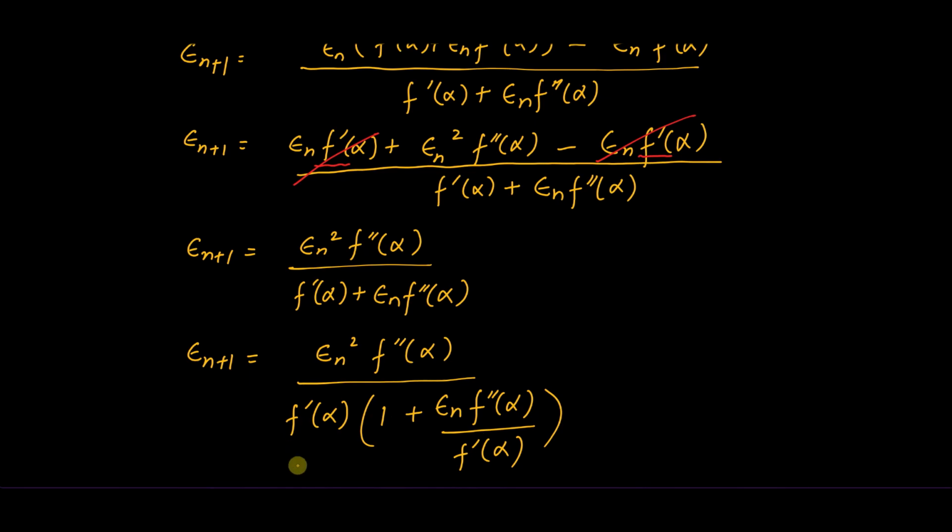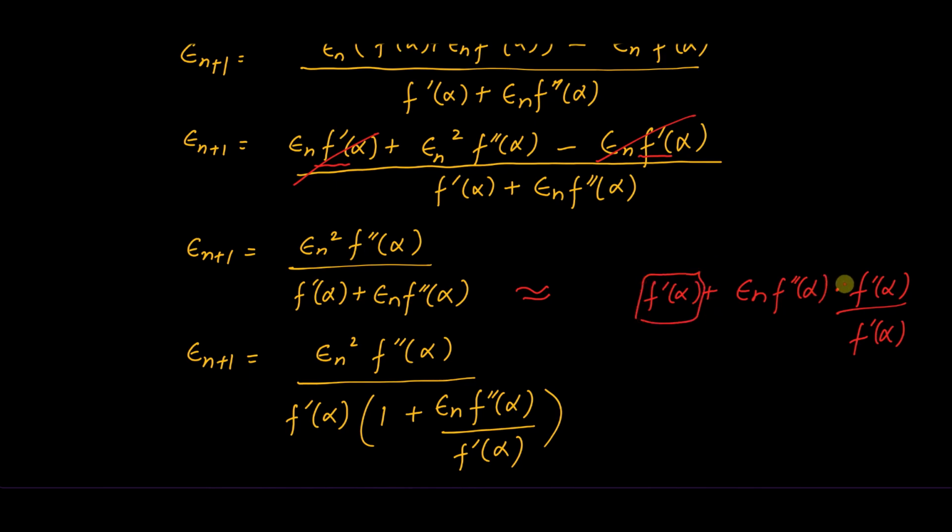Because when we take some term common, on the other hand, if this term is not present, then according to the mathematics rule, we need to take it as a term in the numerator and in the denominator. So that should be f prime of alpha plus epsilon n f double prime of alpha, and we multiply by f prime of alpha and divide, and after that we are just taking a common.